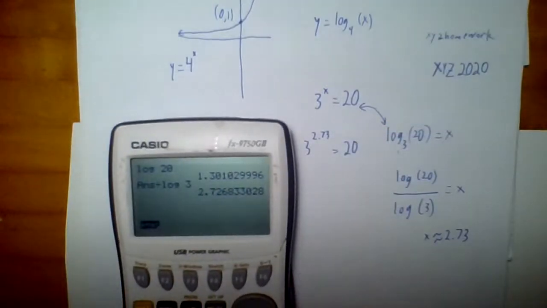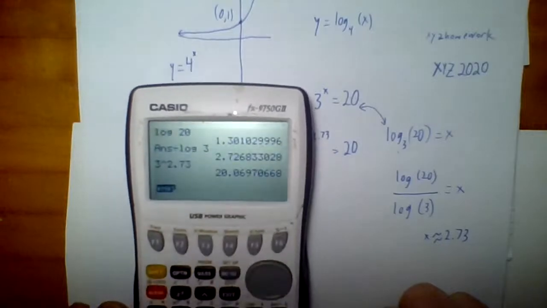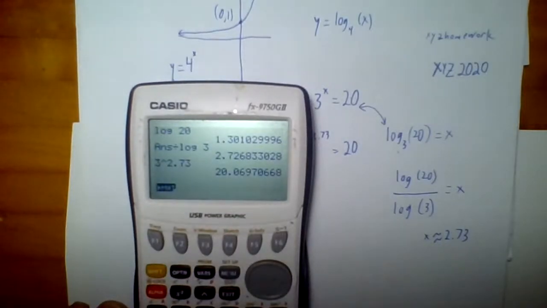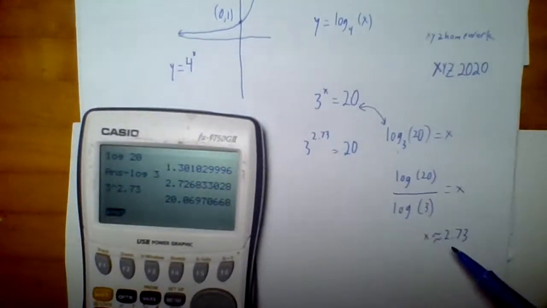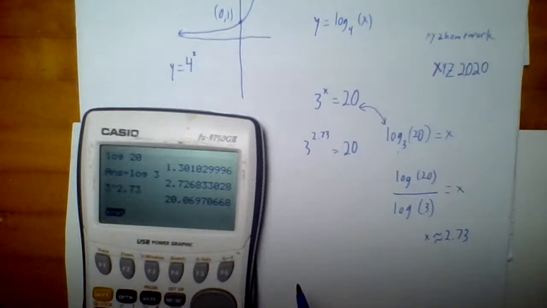We can kind of check our answer using the regular exponent button. 3 exponent 2.73 is going to be now close to 20, right? We did a little rounding there, so that's the value. It's very close to 20. So that's the approximate solution to that. And there wouldn't really be a way to get that number without using logarithms in some form.